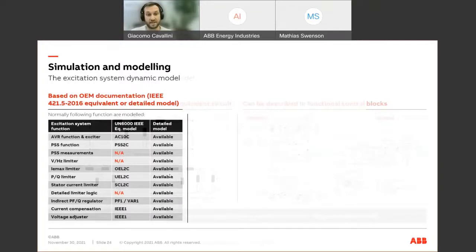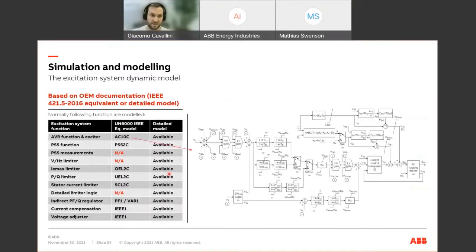When we go instead to excitation systems, things get a little more complicated because this depends on the supplier of the excitation system. For example, let's take the ABB excitation system group. We have our Unitrol 6000 excitation system and also the Unitrol 1000 excitation system. Already by considering them, we have two different models.